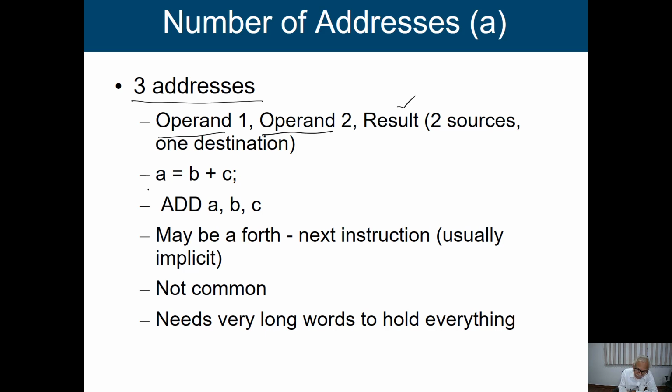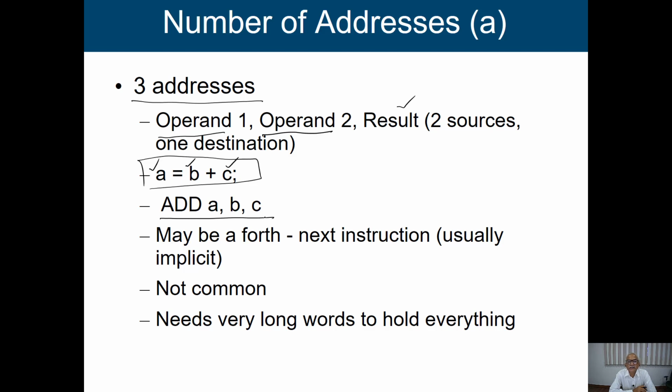So maybe this is the way: A equal to B plus C. I have to give the address of B and the address of C. After that, we add them together and put the result in A. This is the 3 address format, for example ADD A B C, and then maybe the next instruction.